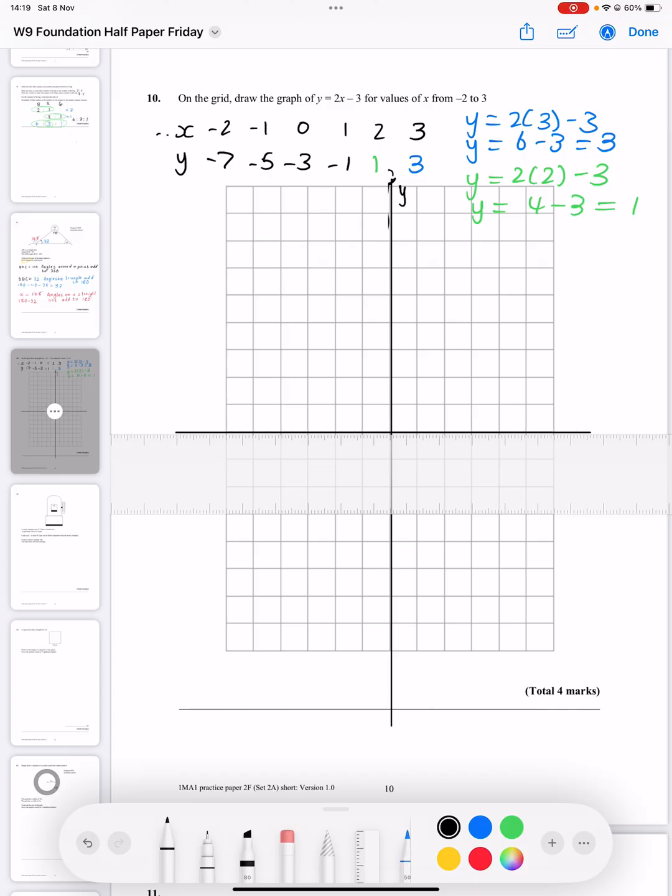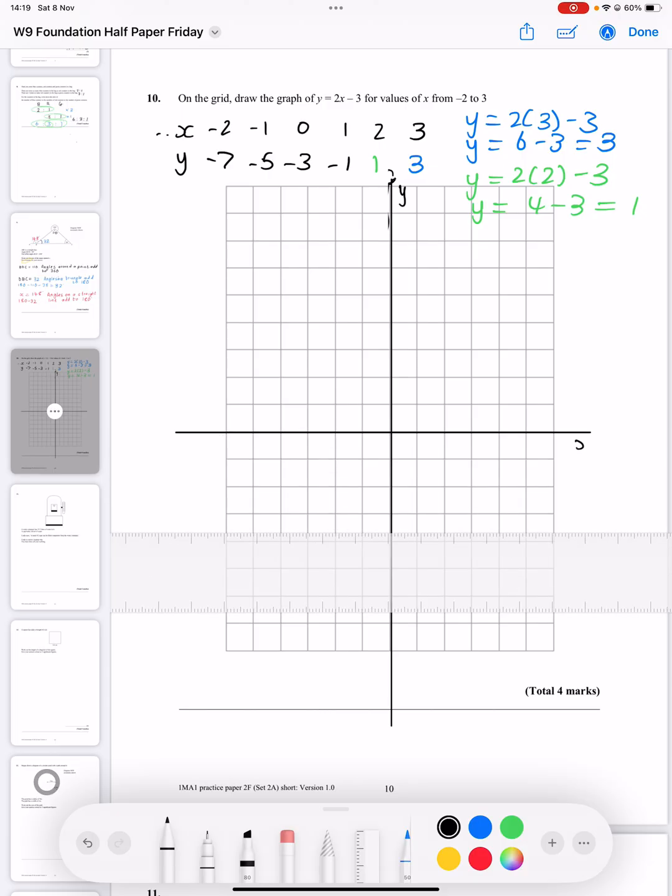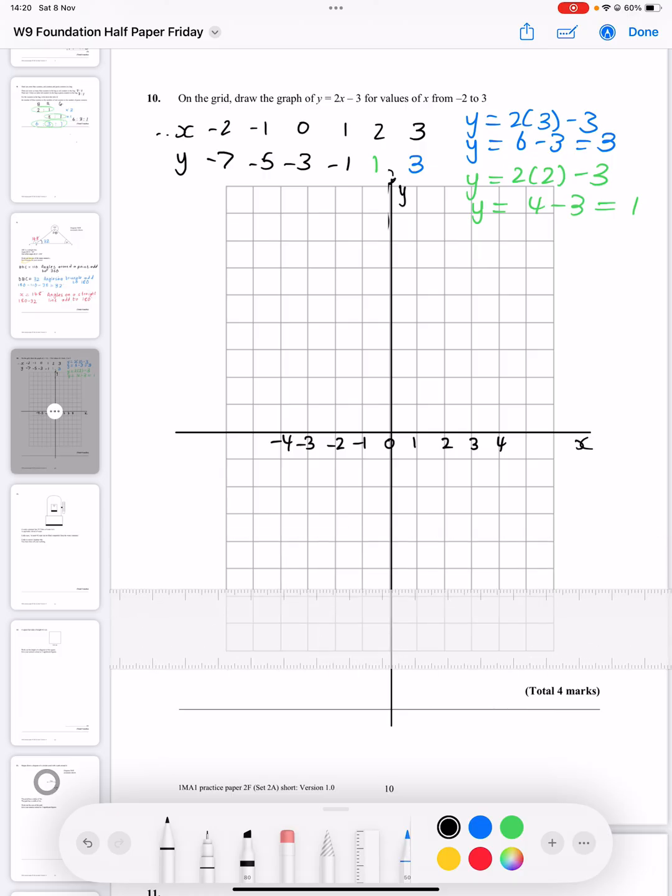I'm going to label that y and x. I'm going to label that 0. And then we need to remember it's -1, -2, -3, -4. And then looking at my values for y, the lowest number is -7. The highest value is going to be 3. So we can just go up in ones and down in ones. Our scales need to be consistent.